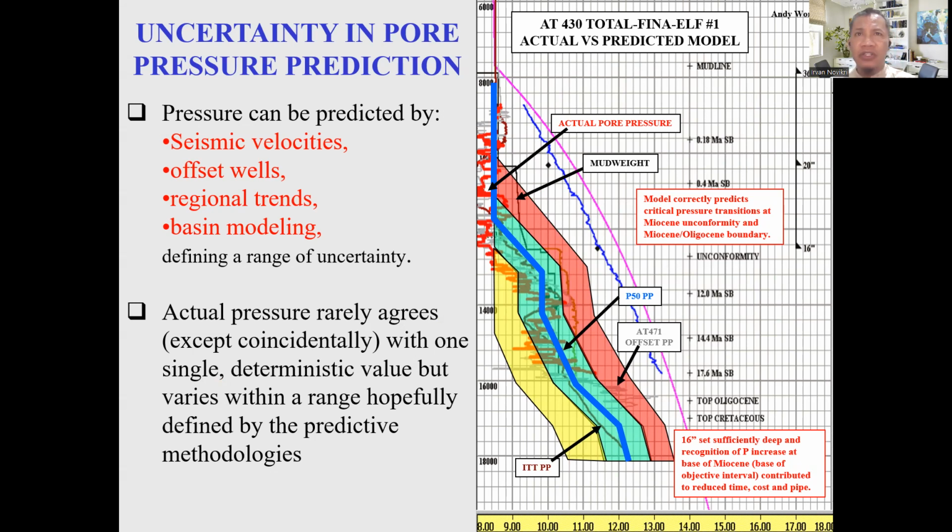The mentioned models successfully predict significant changes in pressure, the Miocene unconformity, the Miocene Oligocene boundary. The specific well data at 471 and 84 330 F1 highlight the importance of accurately recognizing pressure increase at the base of the Miocene interval.